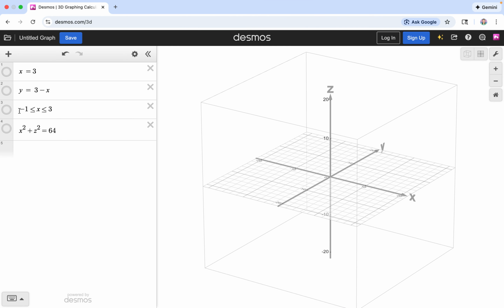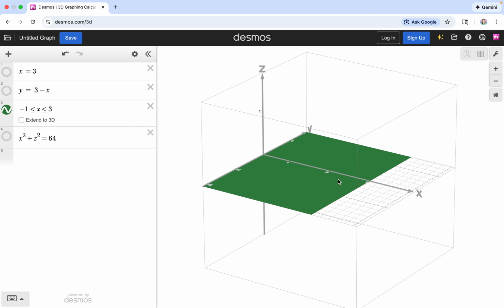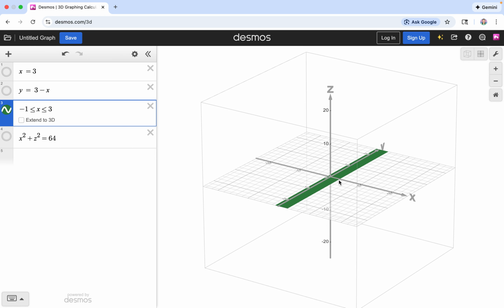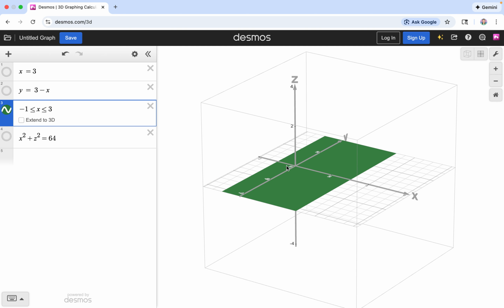If I give you x in between -1 and 3, then it's all that strip, right? X goes from -1 to 3. Let me maybe make it closer. What is going on? Okay, there it is. It's super sensitive on my laptop for some reason. Okay, but it goes from -1 to 3.